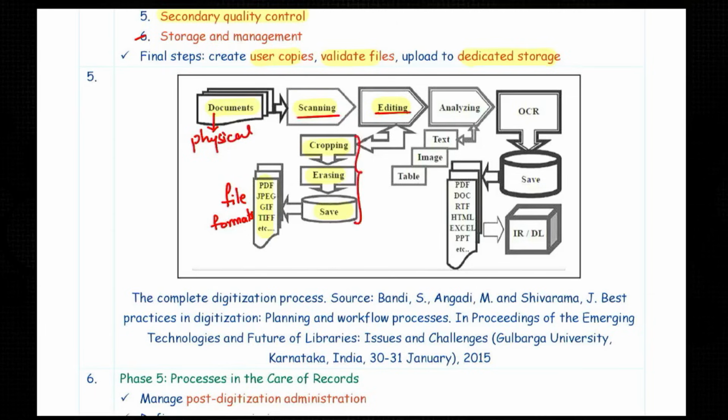Editing, then analyzing text, image, text, whatever. Then OCR stands for optical character recognition. After optical character recognition, you can save it again in various formats. This is the complete digitization process, also called the best practice in digitization planning and workflow process, whatever names they have.